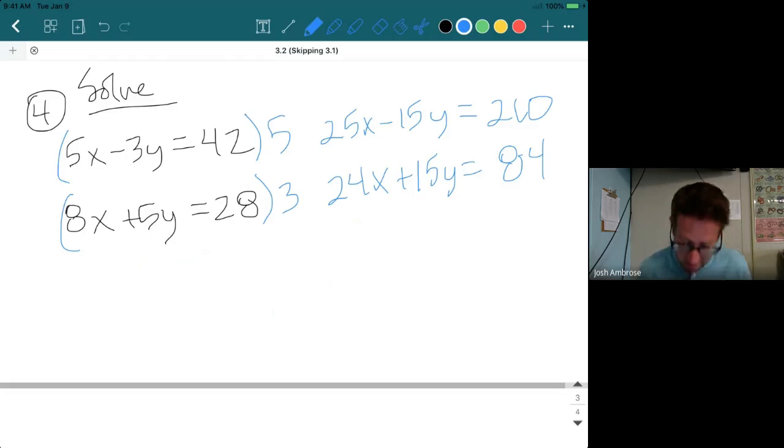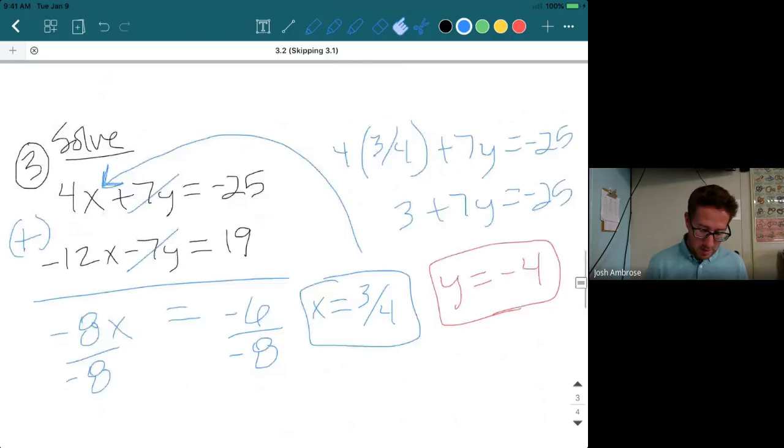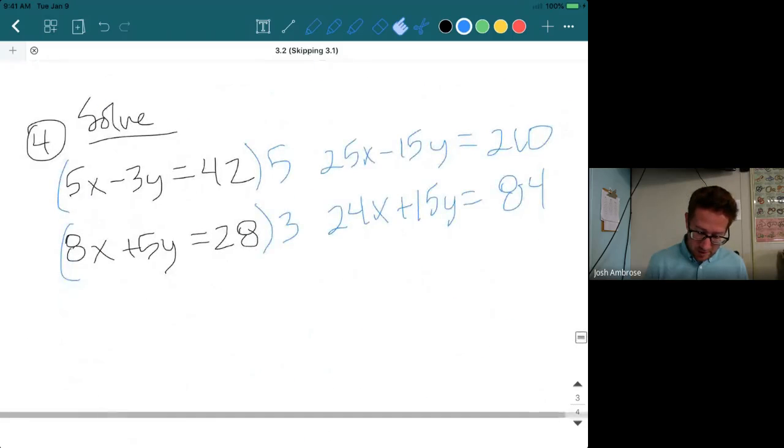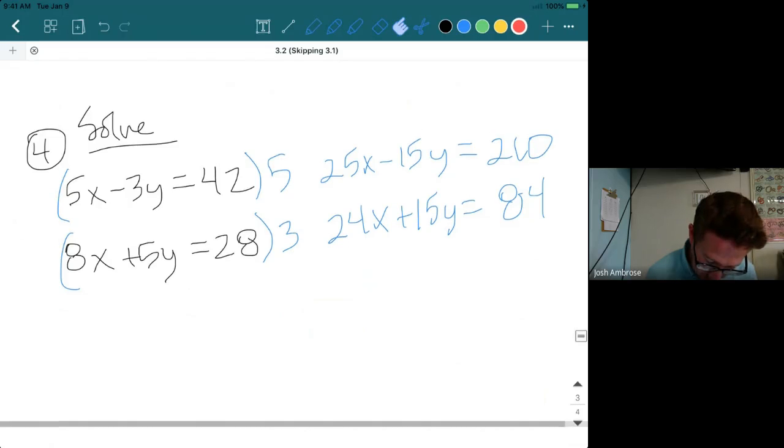All right. Now we simply go through the identical steps we did in this problem right here, where we notice we have a positive and a negative 15. So because those signs are opposite, we will be using addition throughout this entire problem.